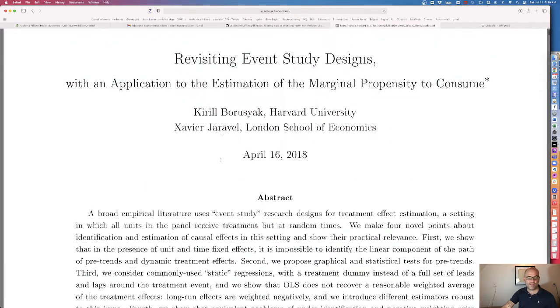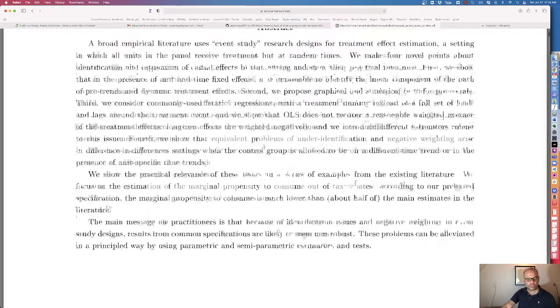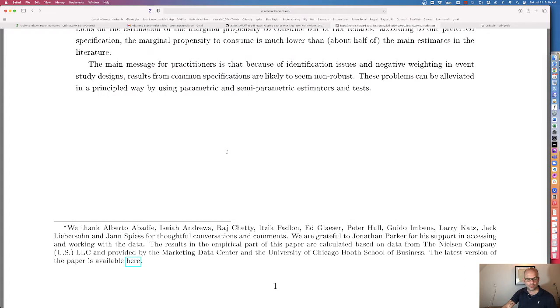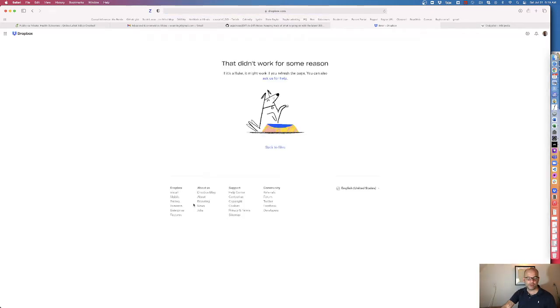But this was the very first of the new diff-in-diff papers. Kirill is now at University College London, and Xavier is at, I believe, LSE. But I don't actually know if Xavier was a graduate student. The latest version is here. Yeah, just curious. He took it down. Yep, they took it down.